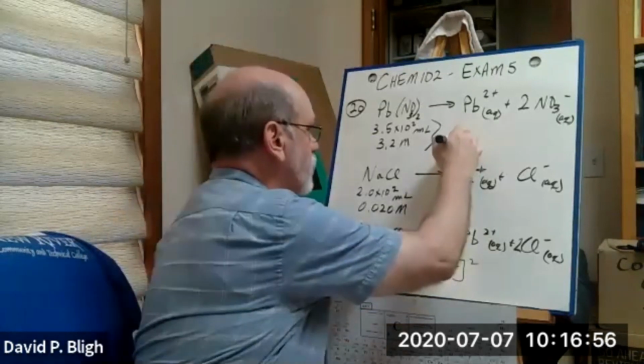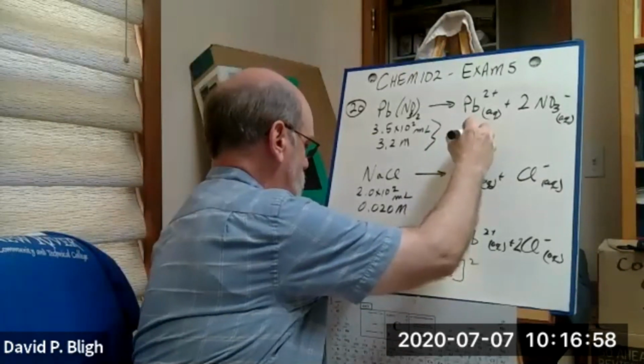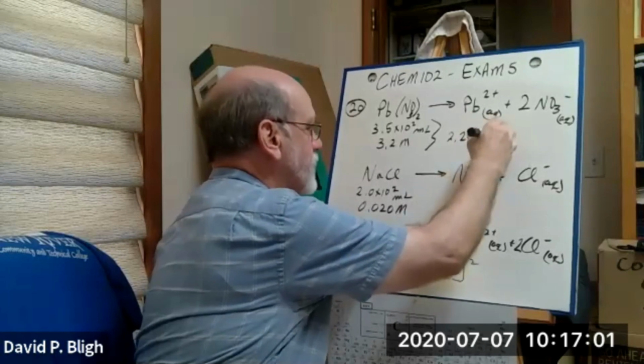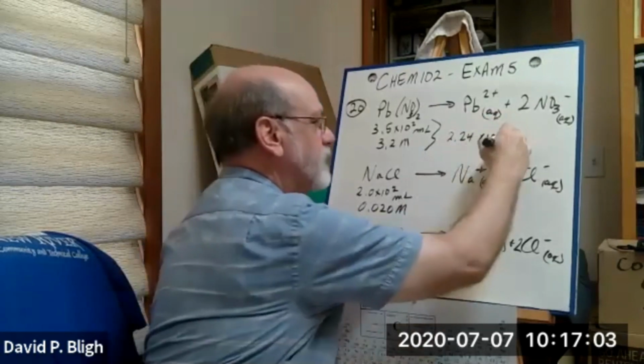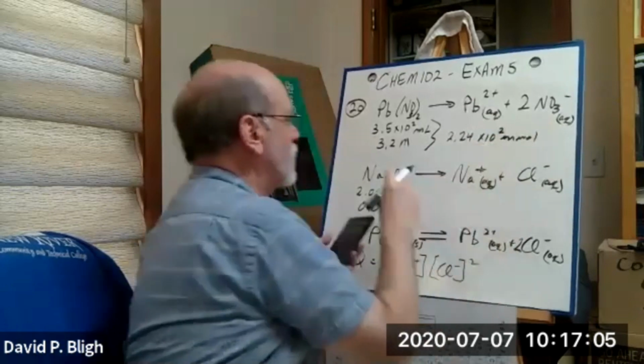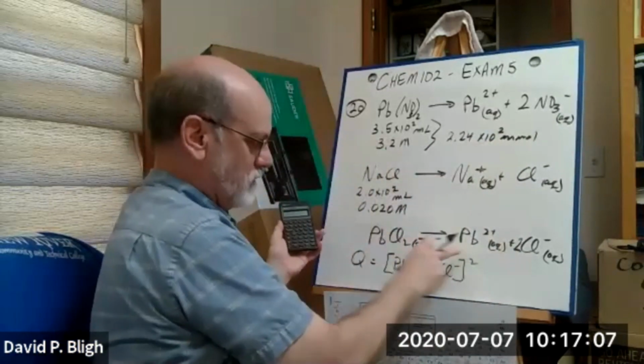So I get 2.24 times 10 to the squared millimoles of lead 2 plus.